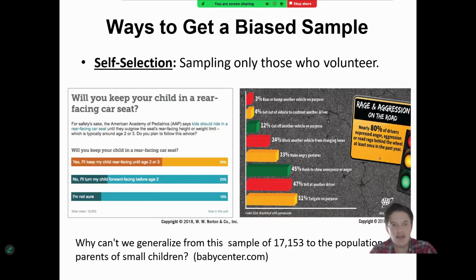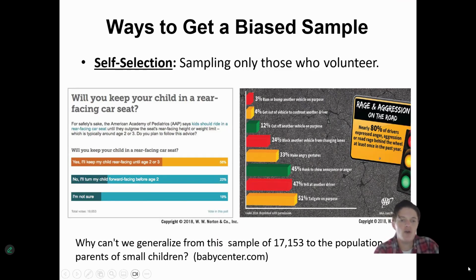Another way to get a biased sample is self-selection. You only sample those who volunteer, right? If you only sample people who volunteer, there might be a bias there. They might be more passionate about that topic, or have a more polarized opinion about that issue.